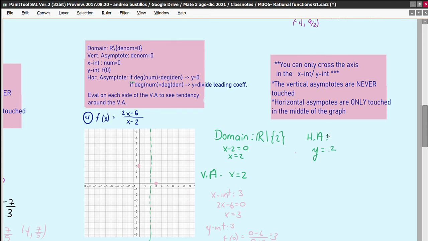So 2 over 1 is 2. So my horizontal asymptote is the equation y equals 2. So that's all the info I have.